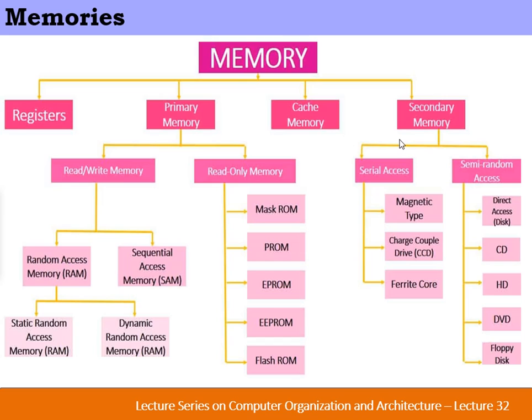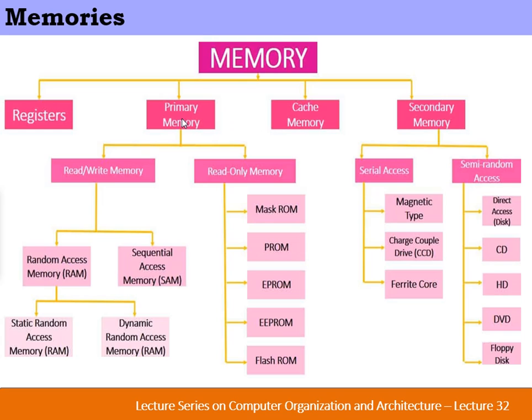All these are storage devices, which can store information like temporary results, data, or permanent results, even a program or set of instructions, or intermediate results in the program. So it is used for storage purposes.